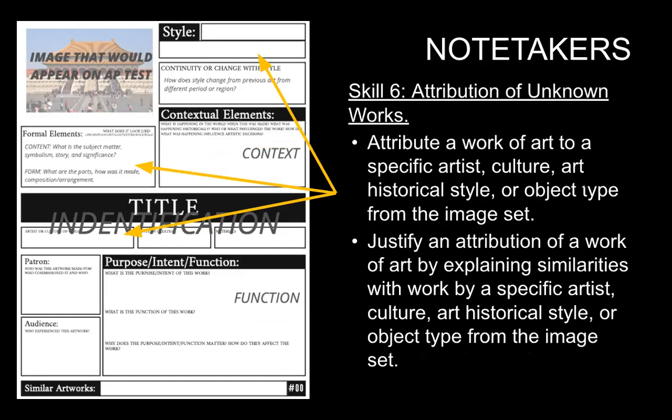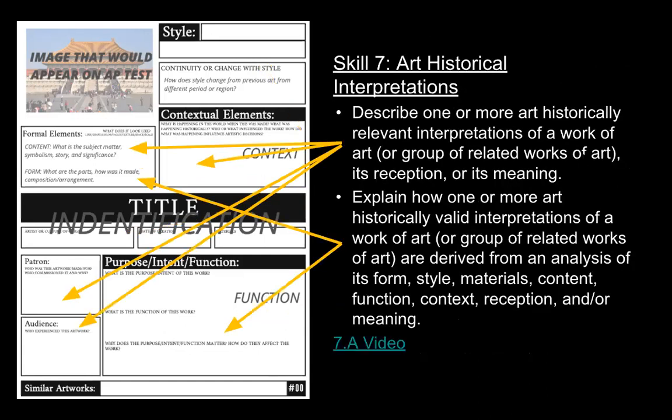Then you have to do an attribution of an unknown work. So that would be, I show you a Klimt that's not the Kiss, and you tell me that it's Klimt because it's similar to the Kiss by X, Y, and Z. Art historical interpretation. So you have to understand what it means based on the visual evidence.